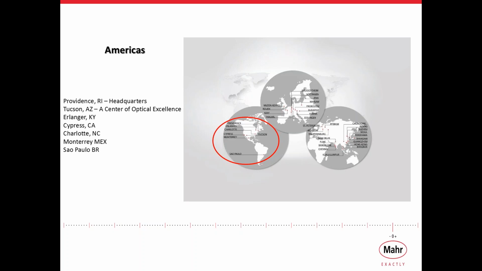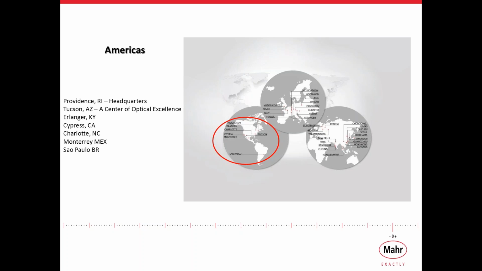Lastly, our Erlanger, Kentucky facility is home to our North American service support team. It is also equipped in the same fashion as Cypress, California. But since we're focusing on the optics industry for this webinar, and on our division of the company, which is MAR Opto, I'll touch a little on MAR Tucson.